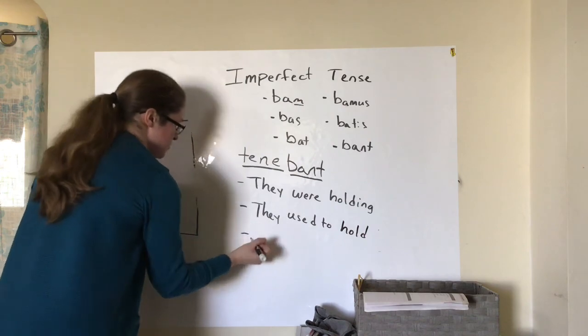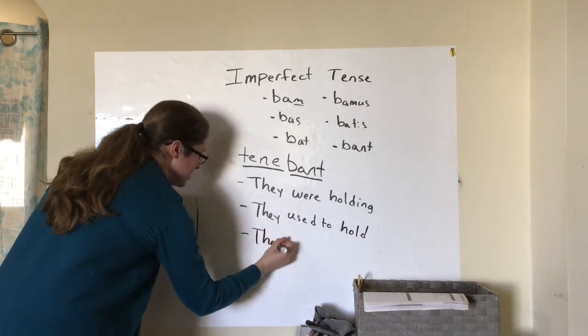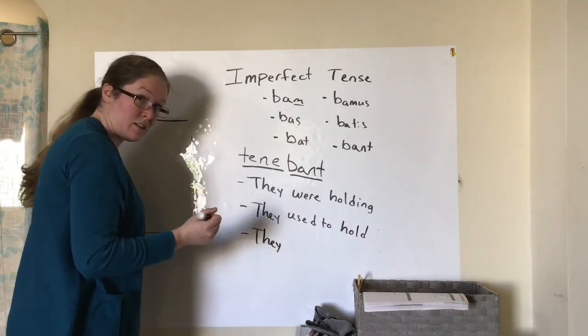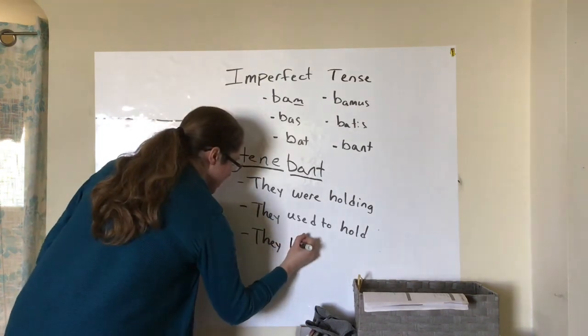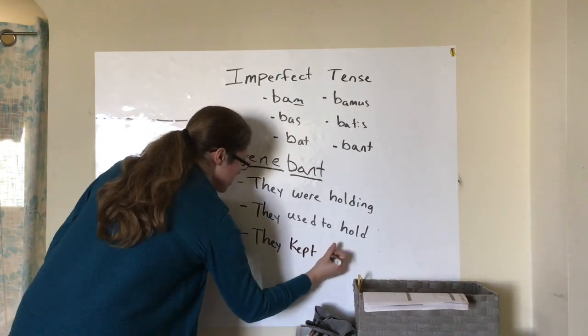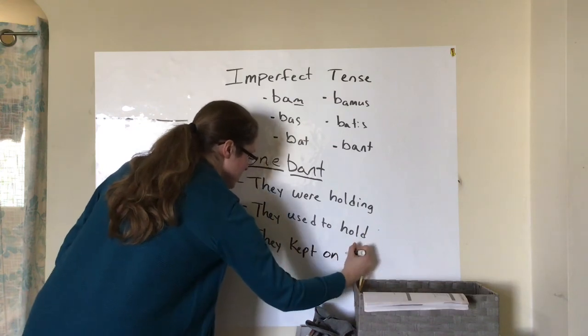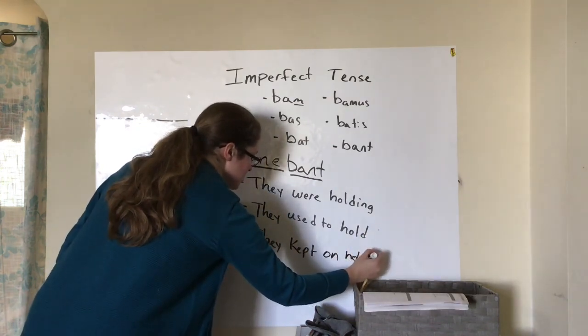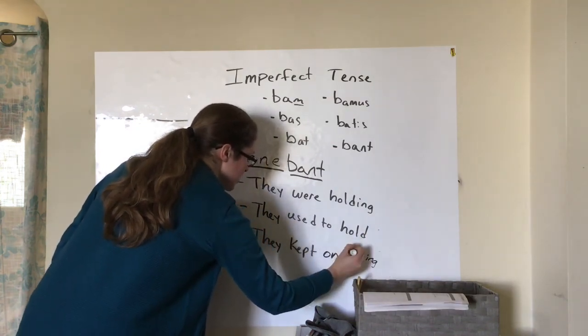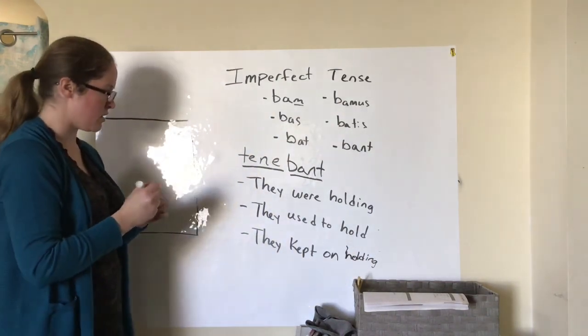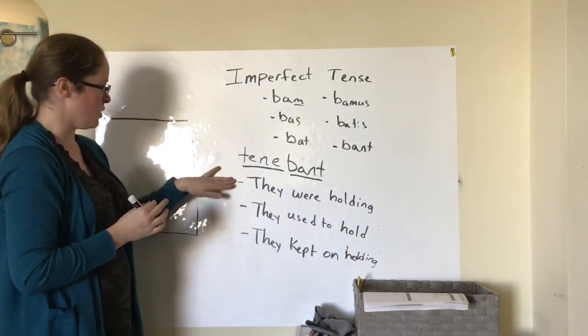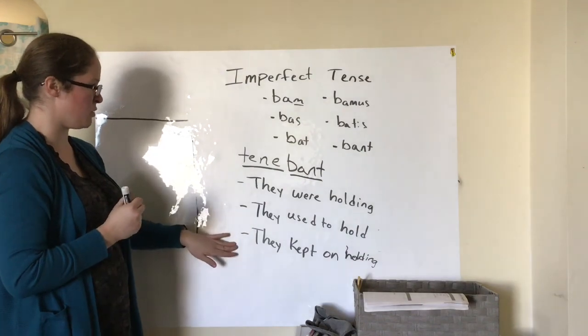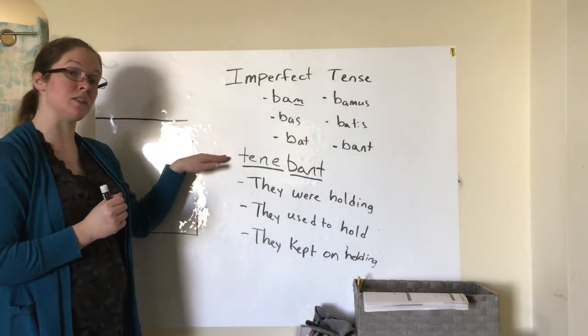Third option, they, starts with a K, kept on holding. There you go. It's an awkward place to write. So they kept on holding. They were holding, they used to hold, or they kept on holding. All of those are translations of the imperfect tense.